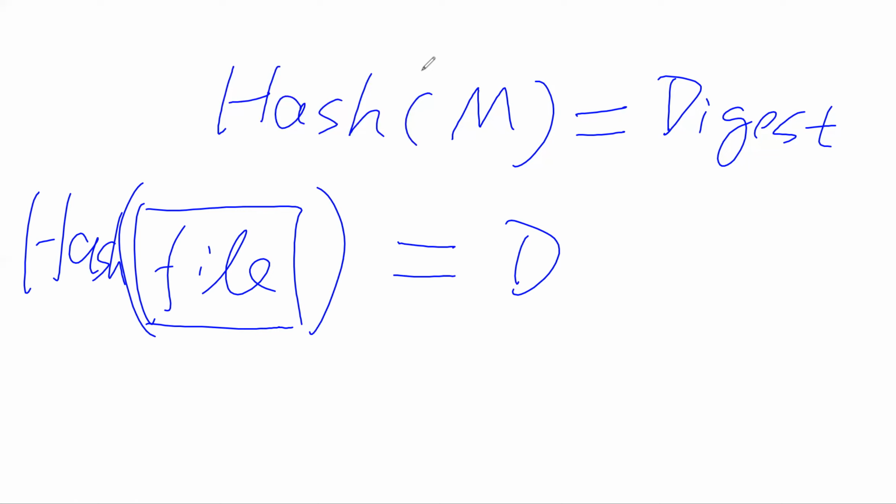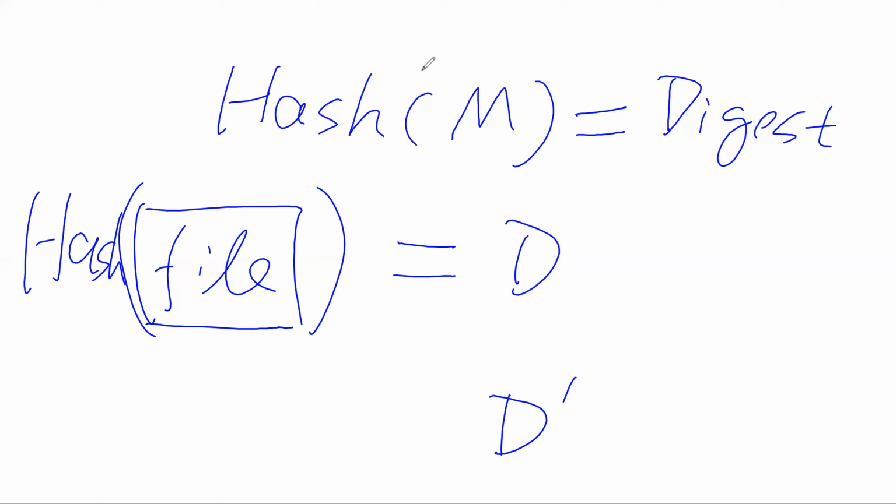When some people download the same file, they can use their own hash function to generate the digest, let's say digest D prime, and then compare this digest D prime with the digest that is posted on the internet.